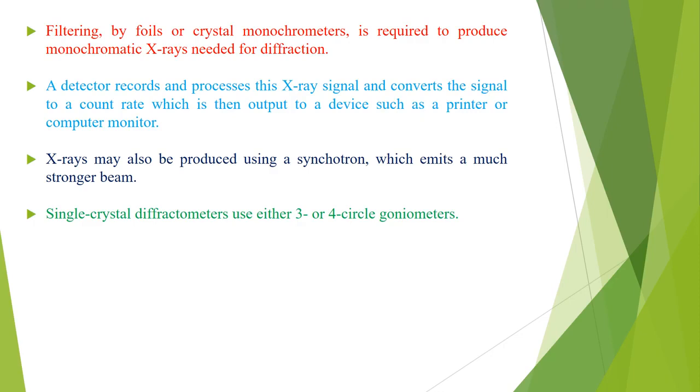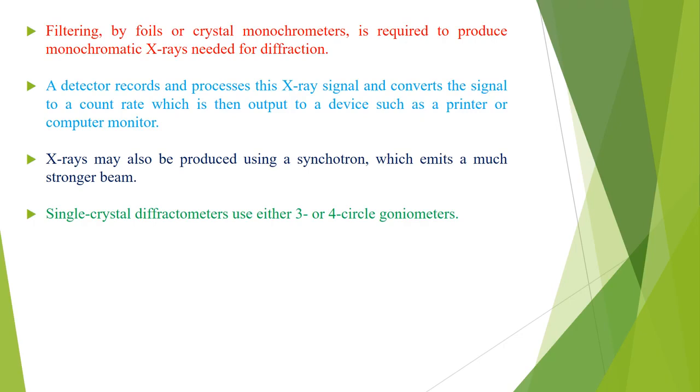By filtering with foils or crystal monochromators, it is required to produce the monochromatic X-rays needed for diffraction. K alpha 1 and K alpha 2 are sufficiently close in wavelength that a weighted average of the two is used.